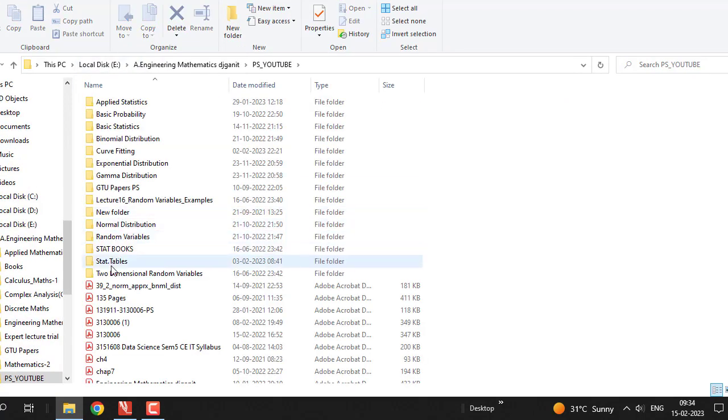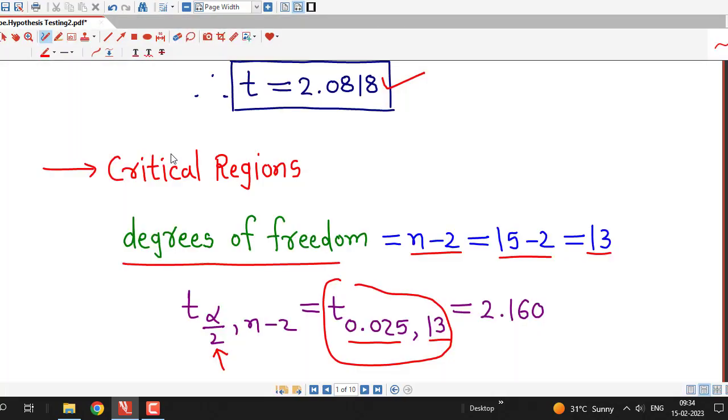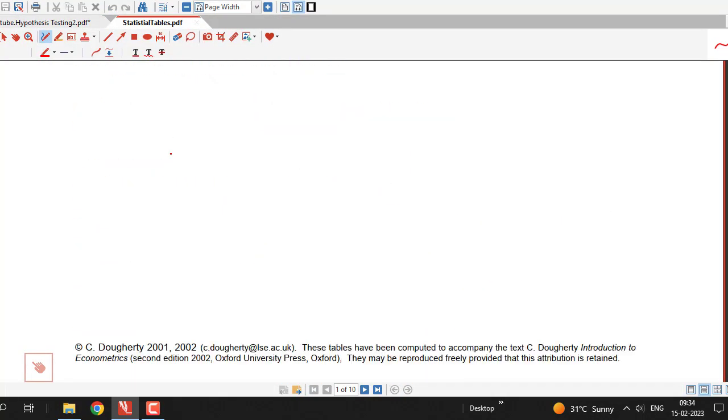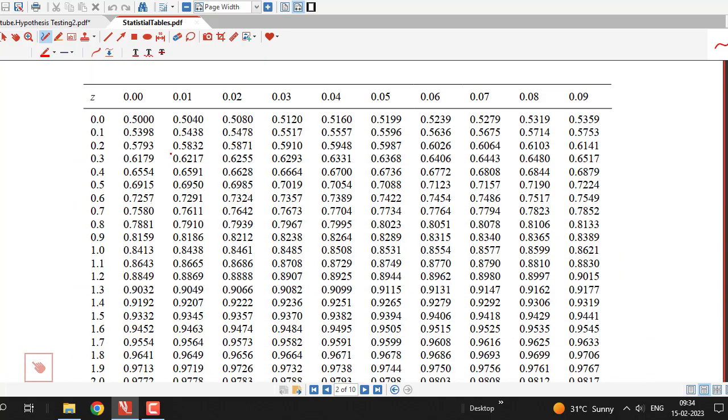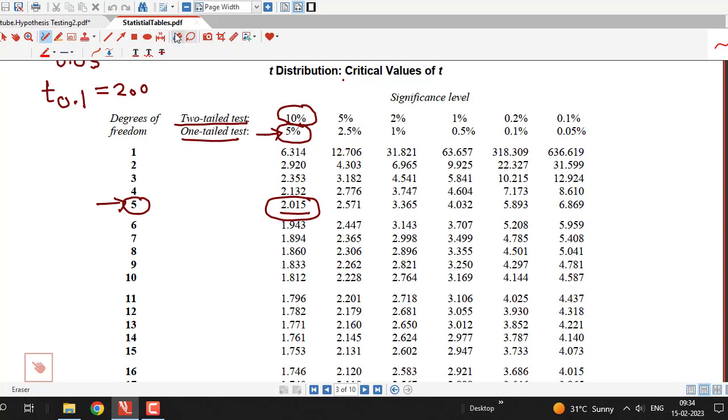We are interested in the value of t distribution or t random variable for alpha equal to 0.025 and 13 degrees of freedom. So these are the statistical tables, and we are interested in the t distribution table.